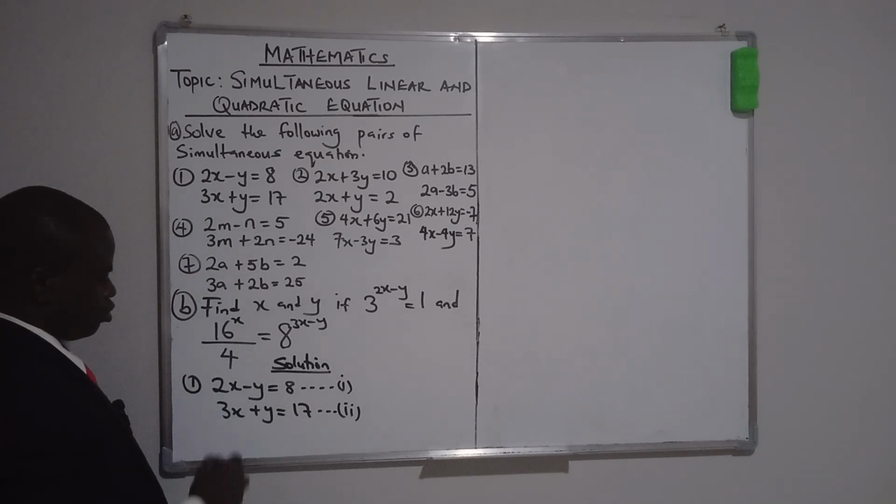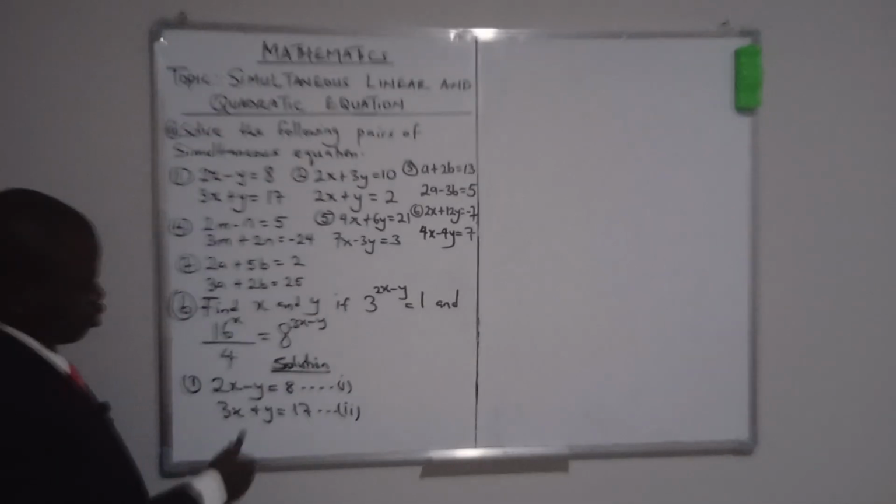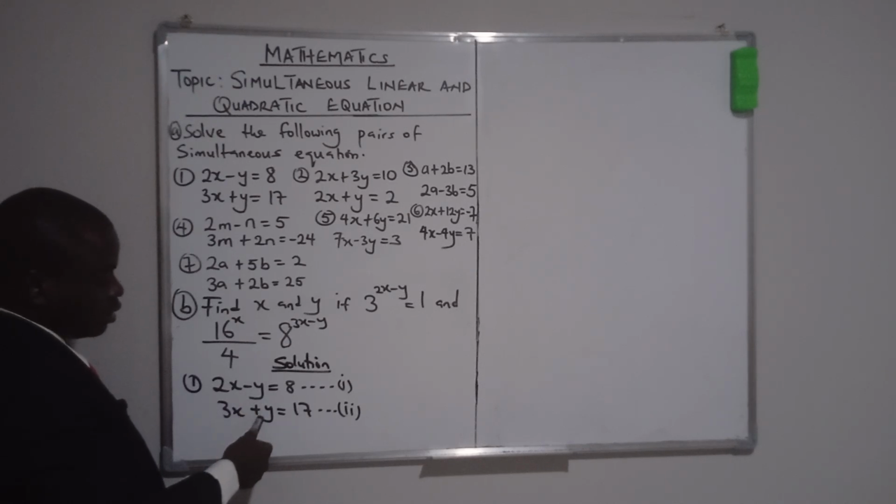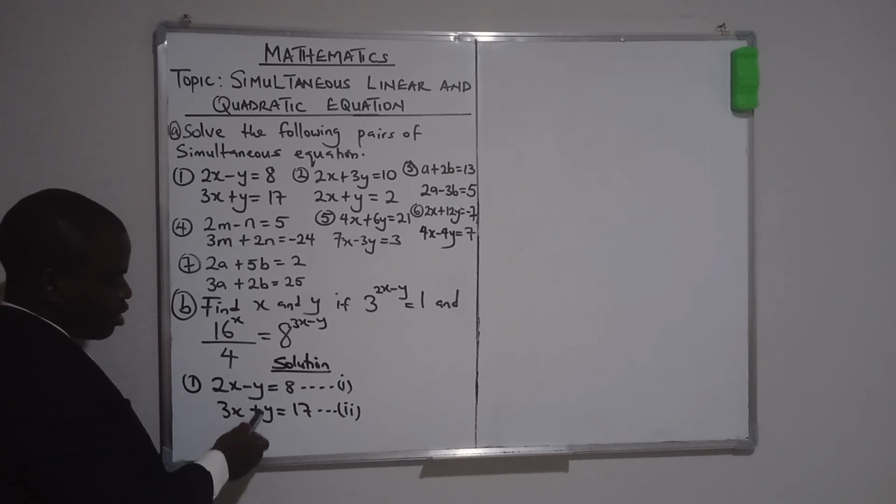Now, what we need to do is to look at the equations. You see that the coefficients of x in equation 1 and 2 are not the same. When you look at y, the coefficients of y in both equation 1 and 2 are also not the same, because this is -1 and this is +1.